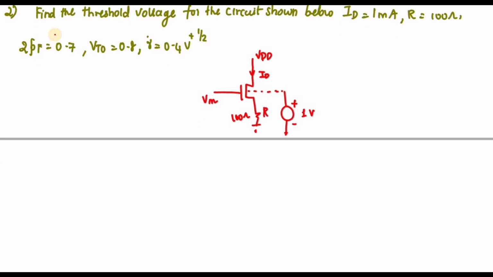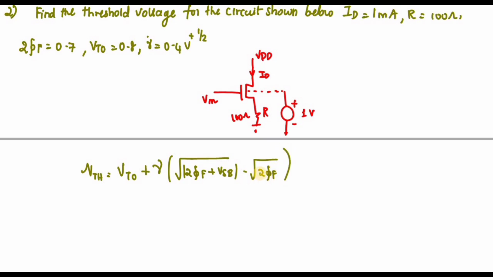So what is the formula for VT? The threshold voltage VTH is equal to VT0 plus gamma into root of 2ΦF plus VSB minus root of 2ΦF.